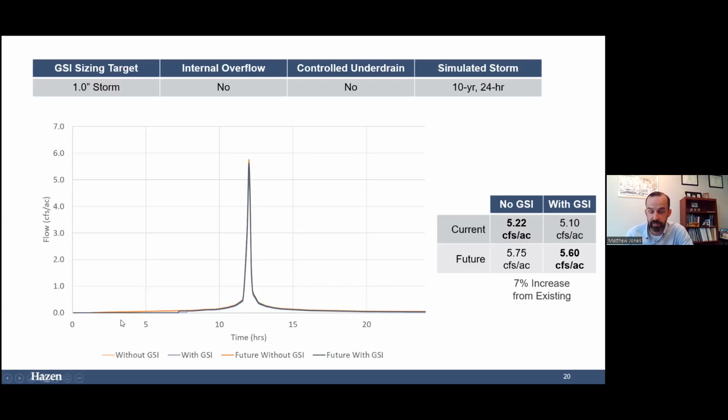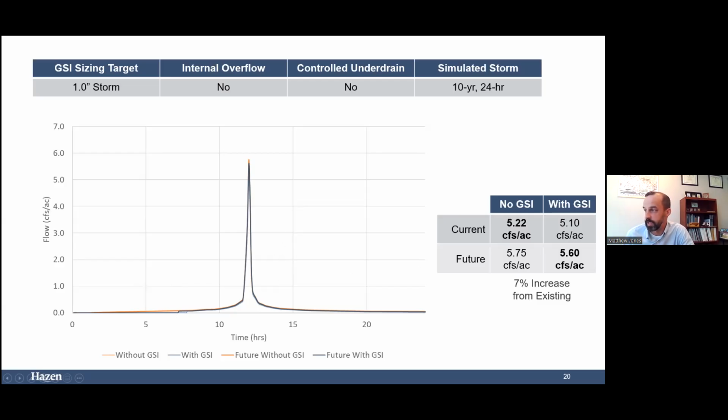You can see that it does very little for our 10-year event. And what is essentially happening is that the surface capacity that we have available fills up very quickly. The amount of water that's moving into the underlying soil is slow, and so the capacity of the system is exceeded pretty early.